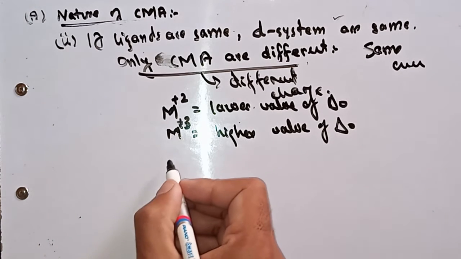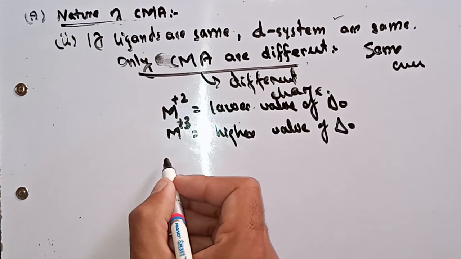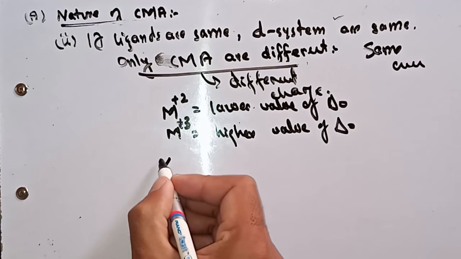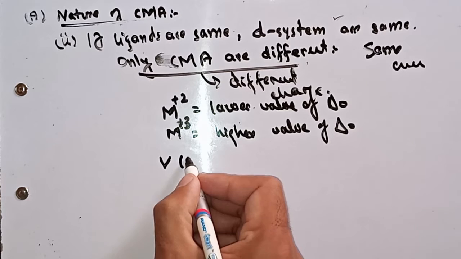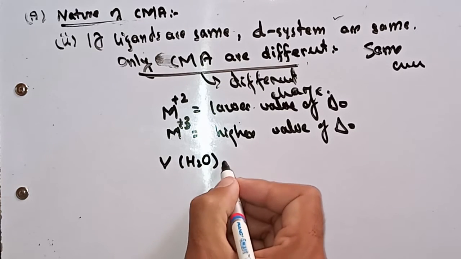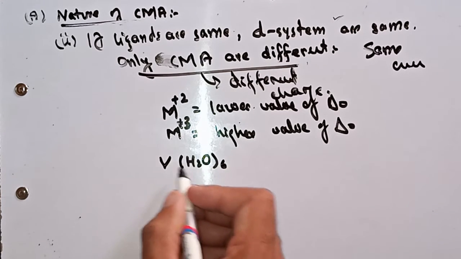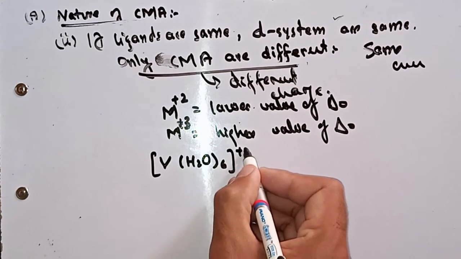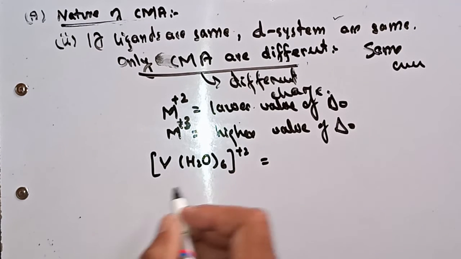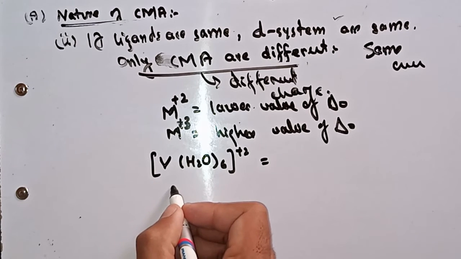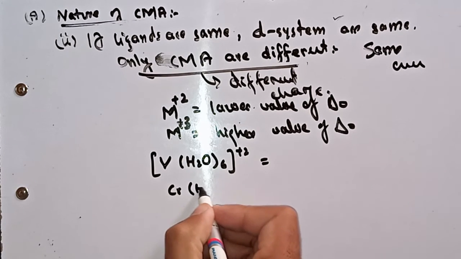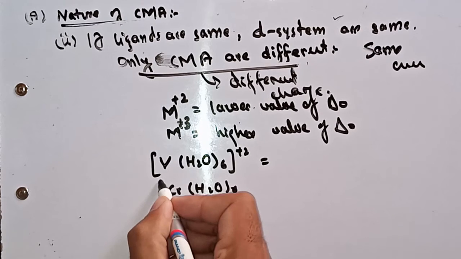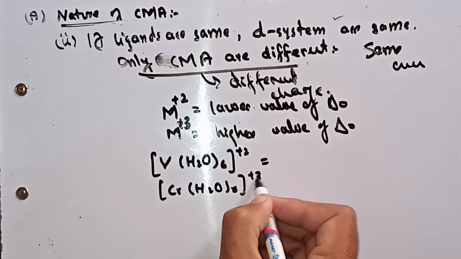For example, let's suppose here is vanadium hexaaqua, [V(H2O)6] 2+, and here is chromium hexaaqua, [Cr(H2O)6] 3+ system.